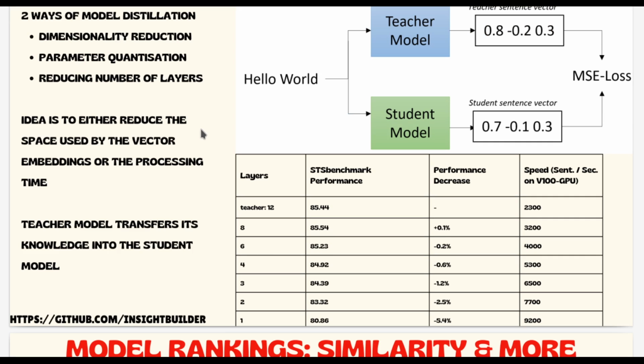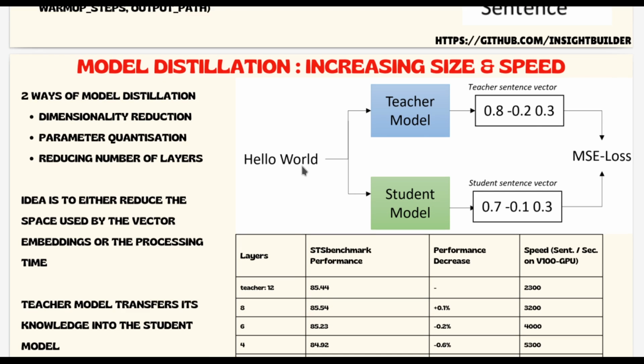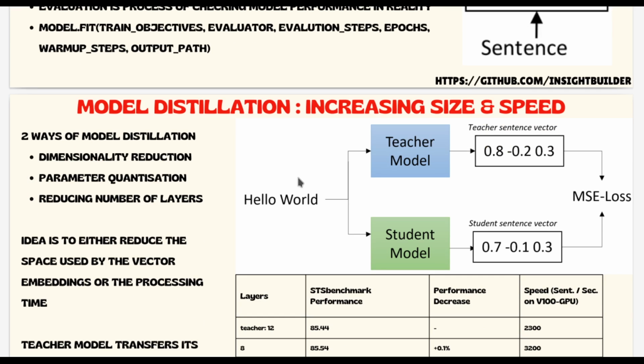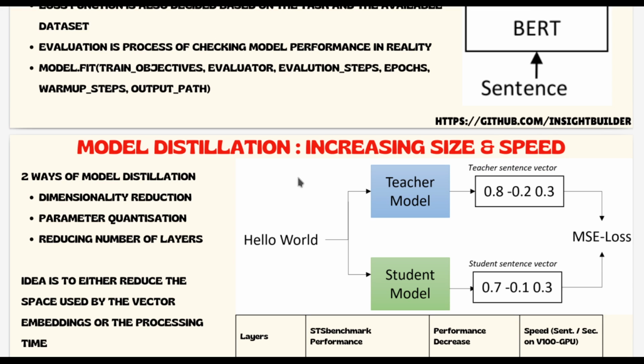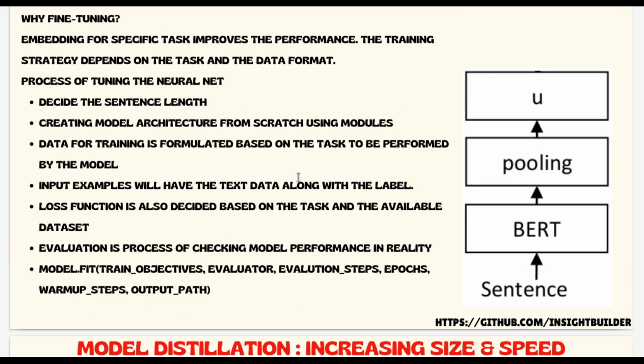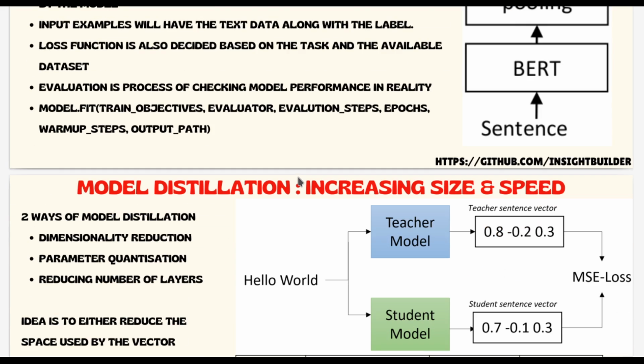So the point here is, this is one of the ways where you can get better output at lower memory and resource allocation. This is one of the points I wanted to add, and it is a little bit of an advanced topic. You might have to study a bit further, but I felt it has to be introduced. I hope that you will do a little more deep dive on model distillation.